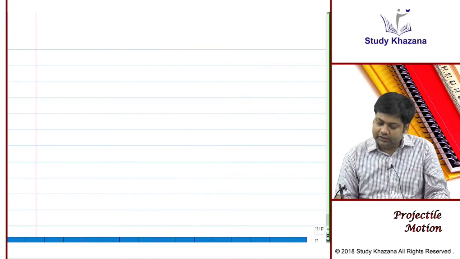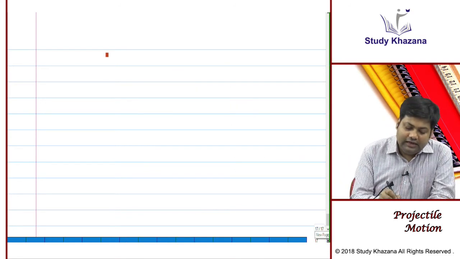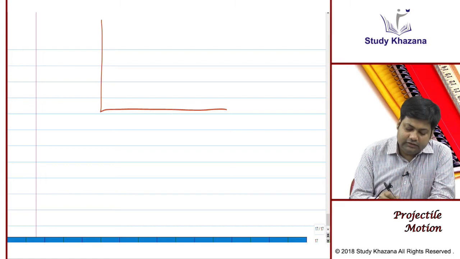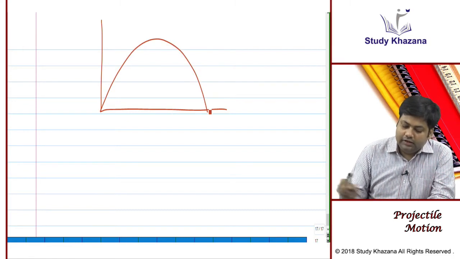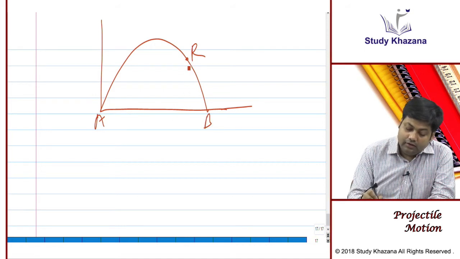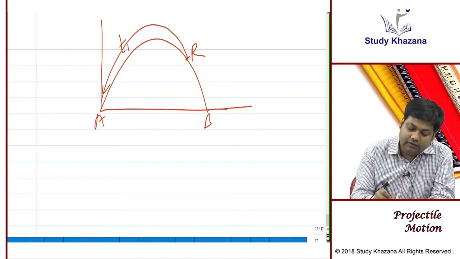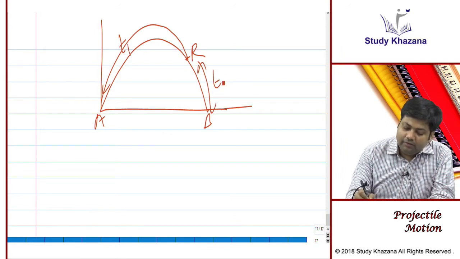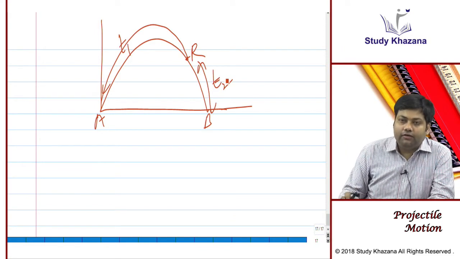So let's say a body reaches a point called R. At this point, t1 is the time which the body takes to reach this point, and t2 is the time the body takes to reach from R to B, that is the final point.